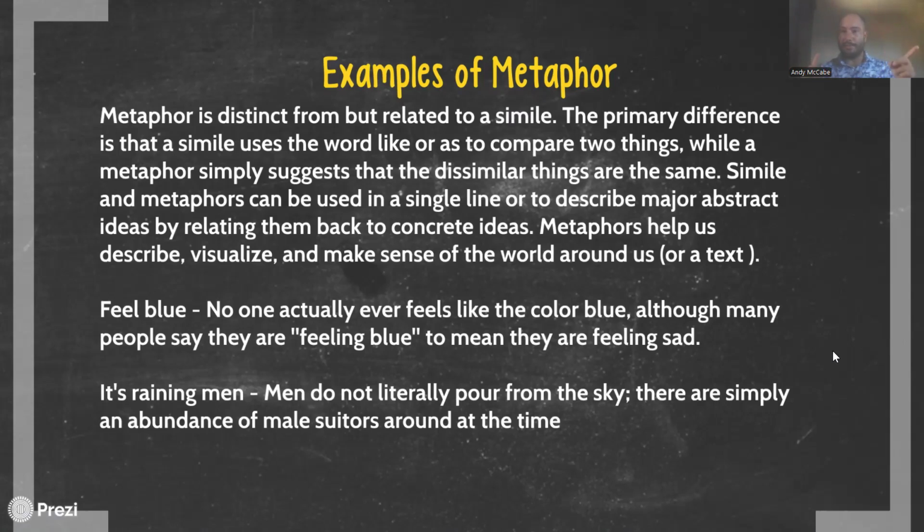Now, second step, if there's an absence of like or as, but still classifying one thing as another, usually using a verb form of to be, is, was, or so on, then you are most likely dealing with a metaphor. So these are the key differences.